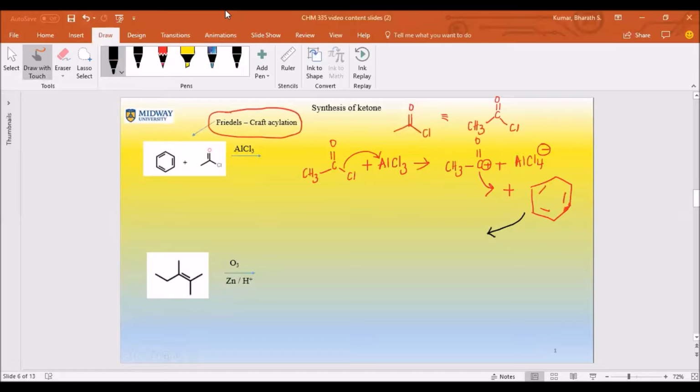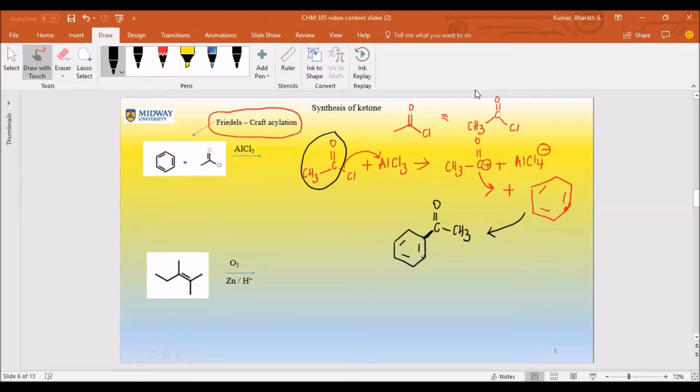So this will give you the final product, which is essentially, if you think about it, I have just taken this portion and added it to the benzene through this bond. That's essentially what Friedel-Crafts alkylation or acylation is.